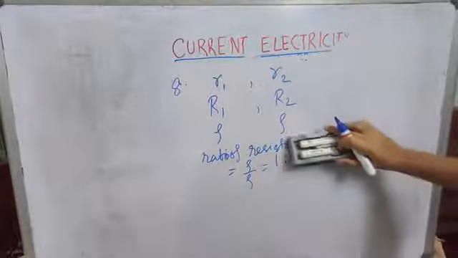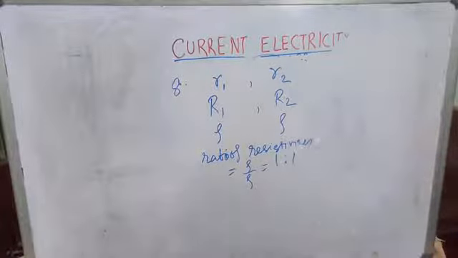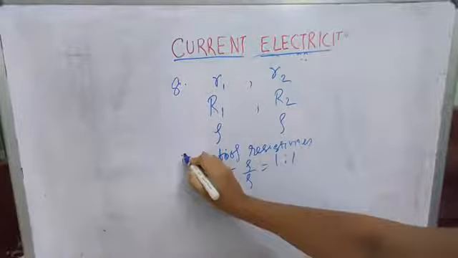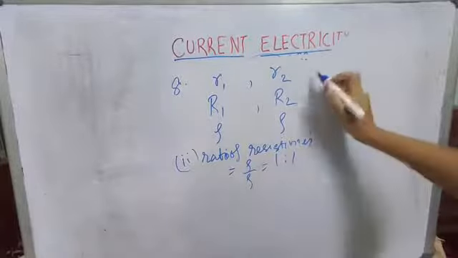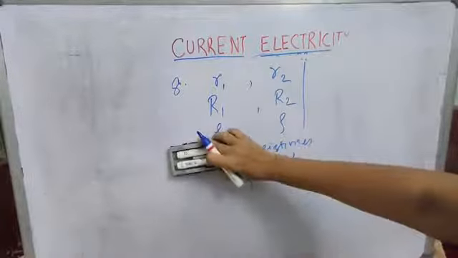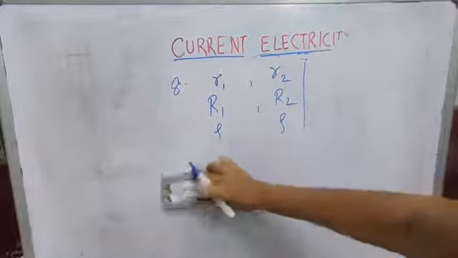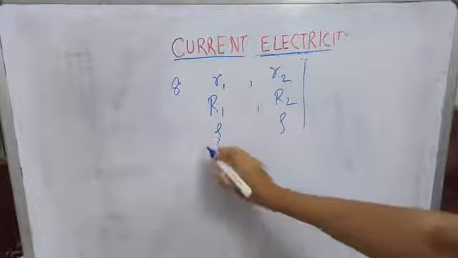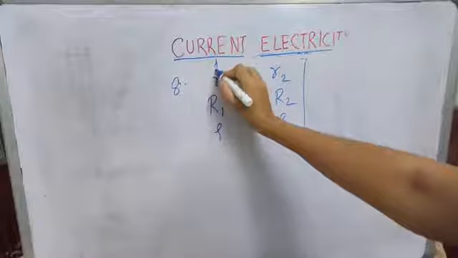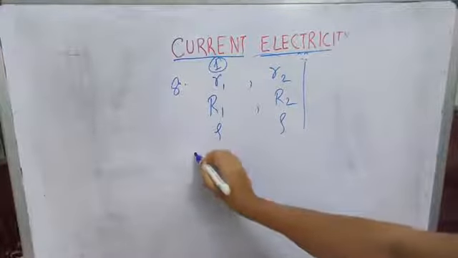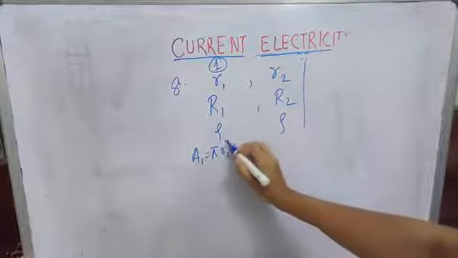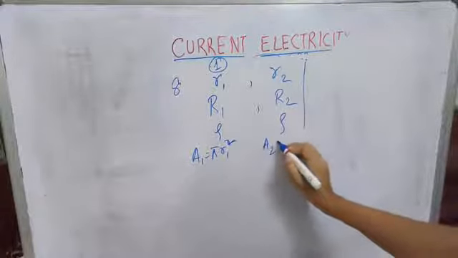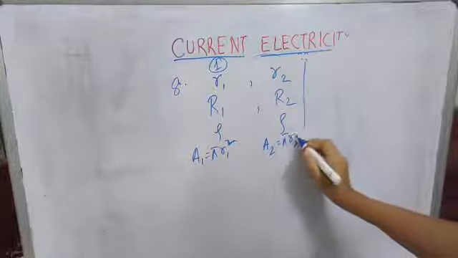Now this is for the second part of the problem. Coming back to the first part, what is the ratio of the resistance? The cross-sectional area A1 of material 1 is pi R1 square. Here the cross-sectional area is pi R2 square.